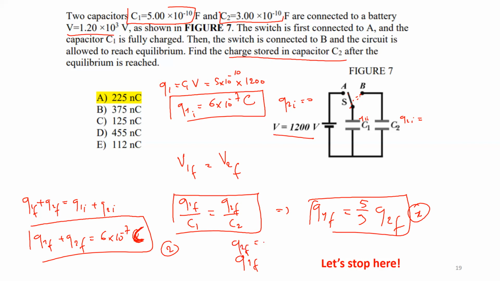So Q2 final will give you 2.25 10 to the power minus 7 Coulomb. Q2 final is 225 nanocoulomb. That's Q2 final. Now what should be Q1 final? Of course, knowing Q2 final, Q1 final will be just 5 divided by 3 of 225 nanocoulomb.